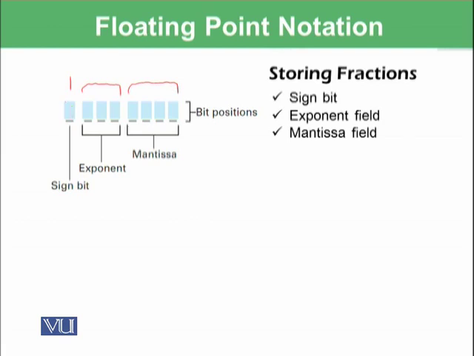However, if there is 1 in the sign bit, then it is a negative number. And the exponent tells us how many places are required to move the decimal or radix point, and the mantissa is the actual number.